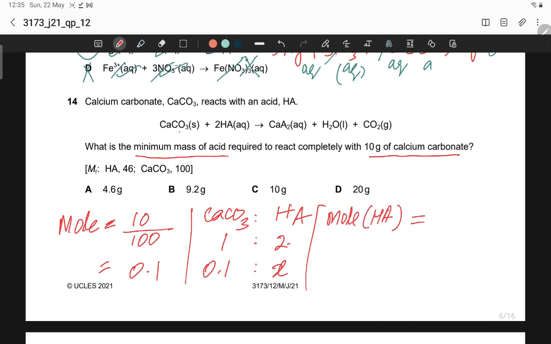is equal to 0.2. So the mass of HA is equal to mole times Mr, as Mr is given.